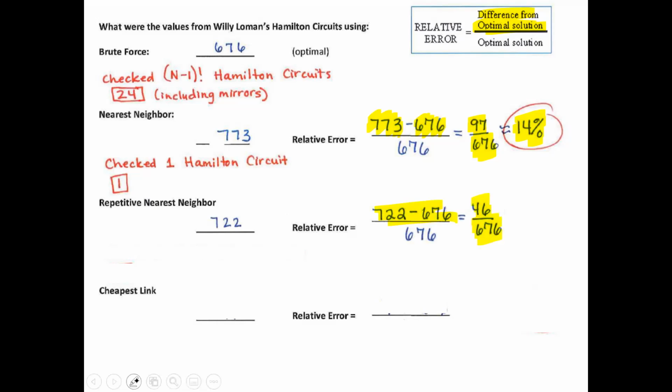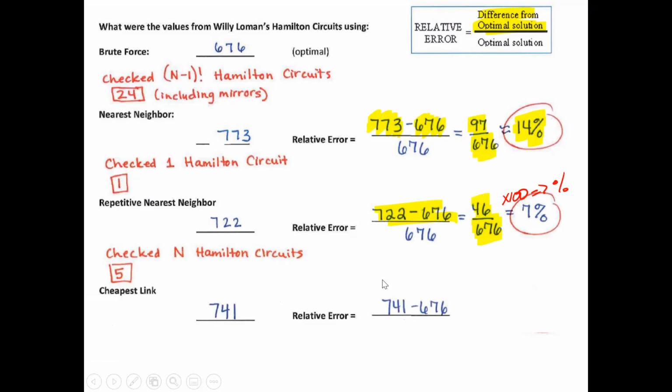Once you divide it, make sure you also multiply by 100 to convert it to a percentage, and you should have 7%. The cheapest link has a 741. Again, for the relative error, find the difference, divide by the denominator, and multiply by 100, which gives you 10%.